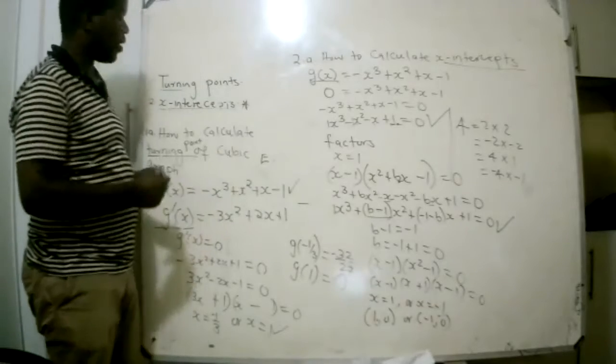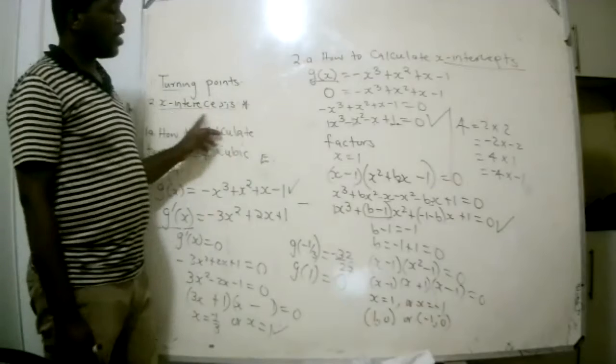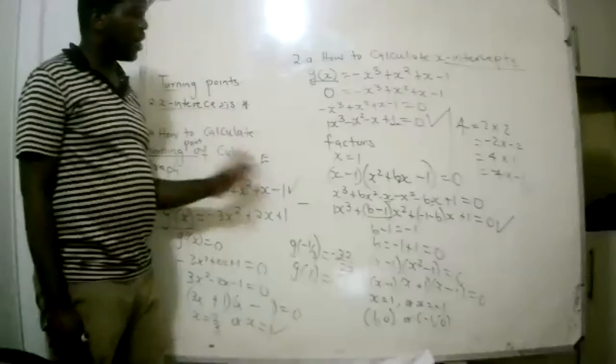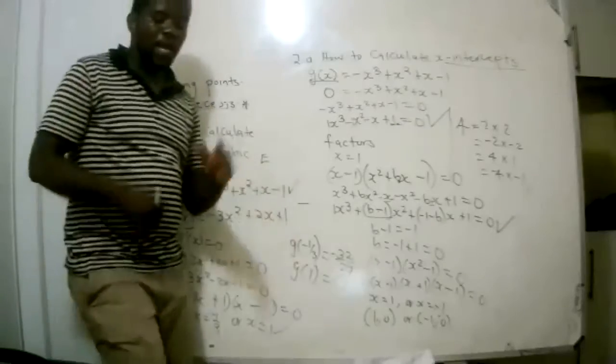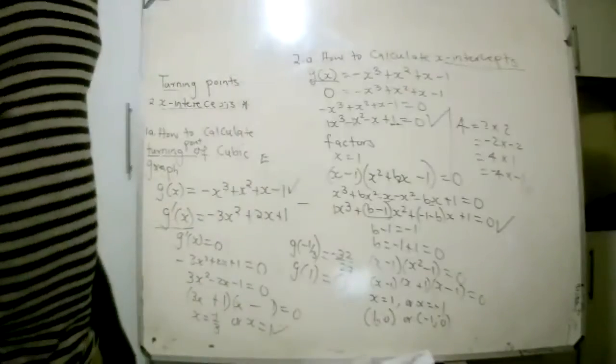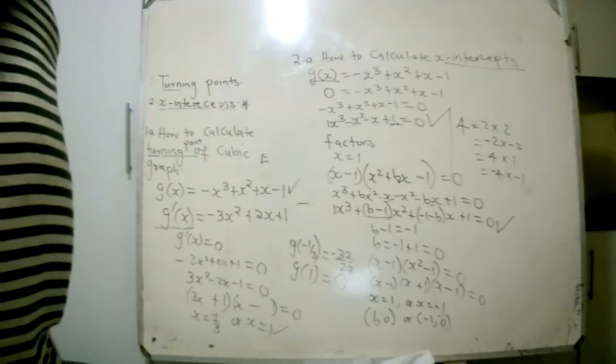We'll do it again tomorrow. The other part coming after this is drawing the cubic function, which I'm going to cover with you tomorrow. Make sure you revise what we have covered today so that when we plot the cubic function tomorrow, you are not going to have any problem.